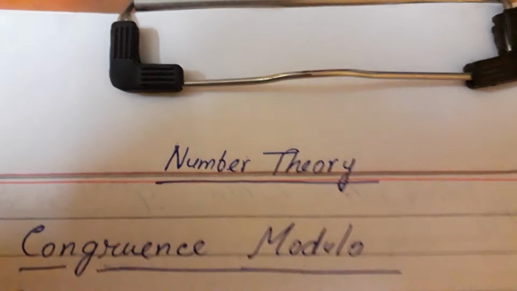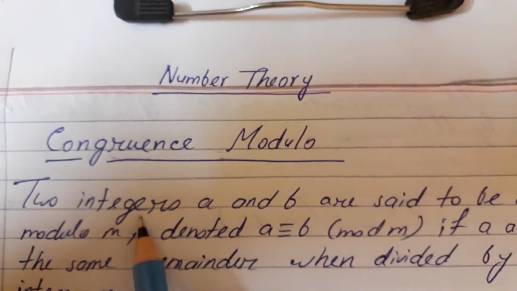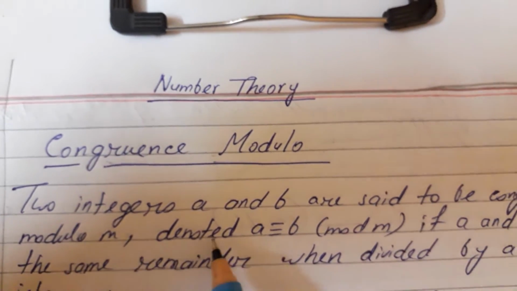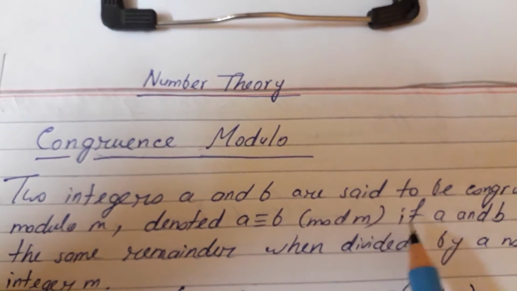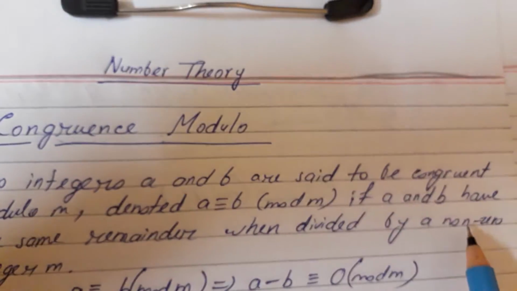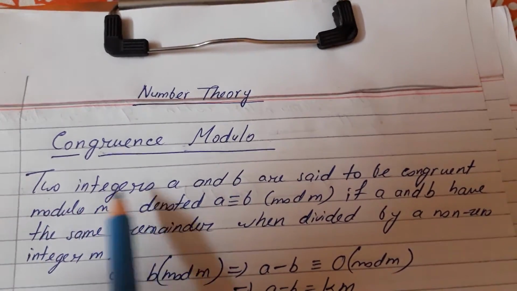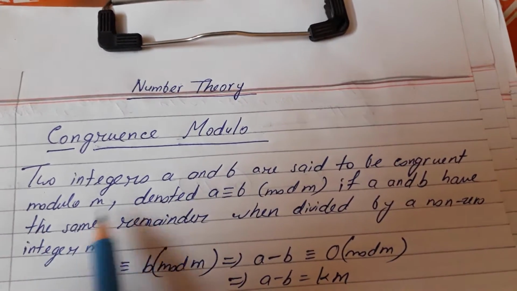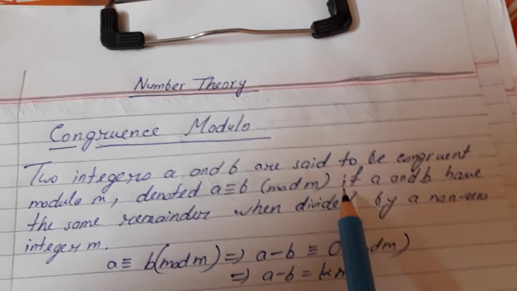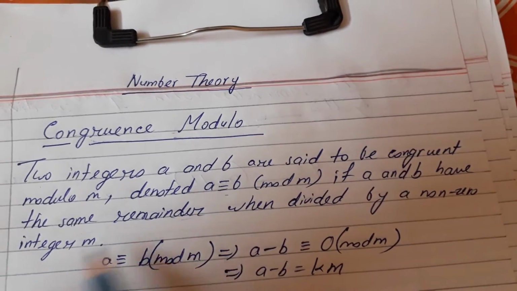Now see, what do we mean by congruence modulo? Two integers a and b are said to be congruent modulo m, denoted a ≡ b (mod m), if a and b have the same remainder when divided by a non-zero integer m.